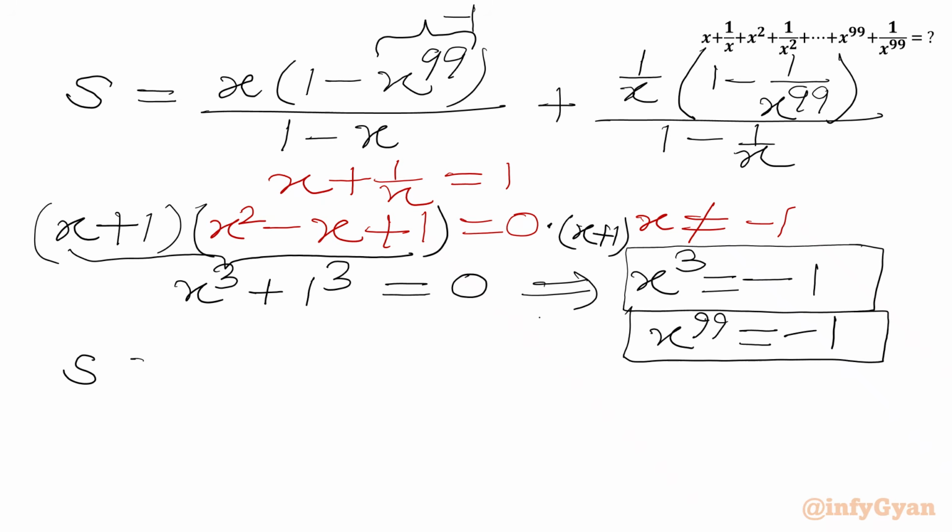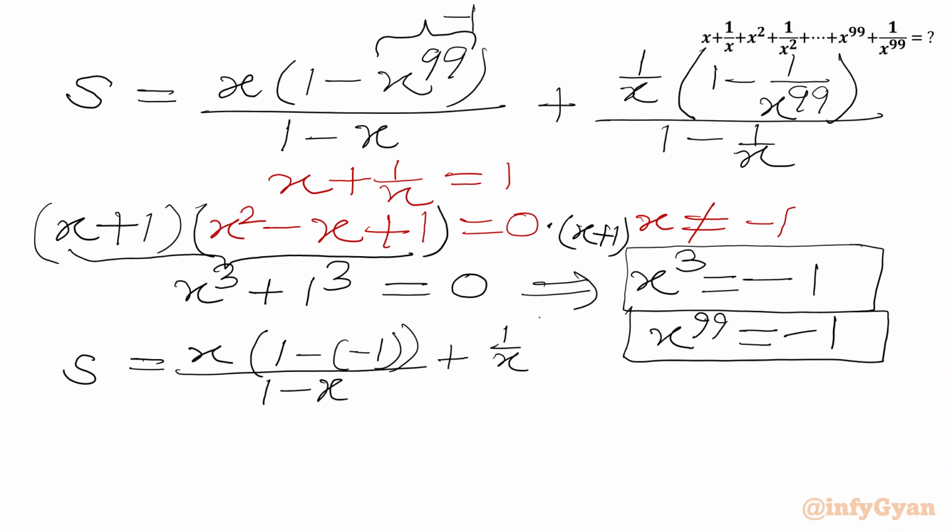So I can write S equal to x in the bracket 1 minus of minus 1 over 1 minus x, plus 1 over x in the bracket I will write 1 minus 1 over minus 1. So I can write 1 plus 1 over, I will write x minus 1 over x.